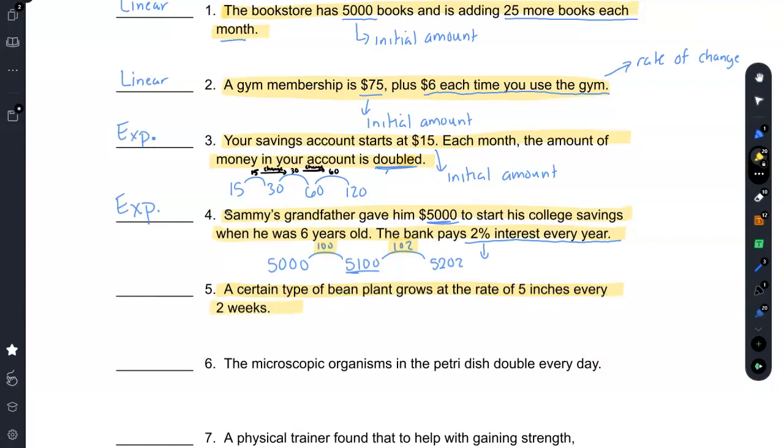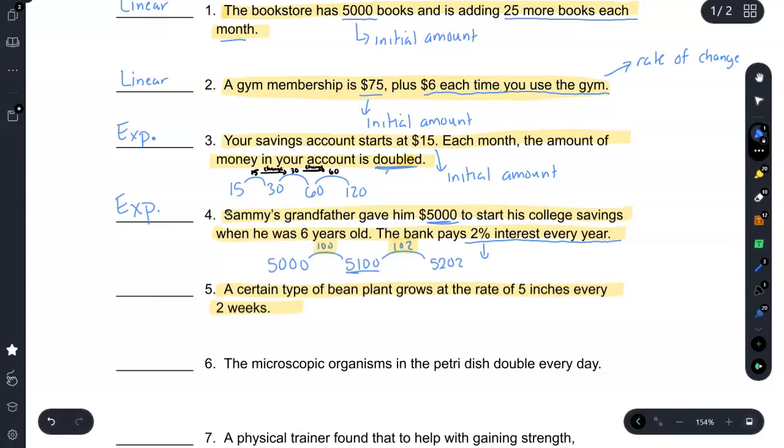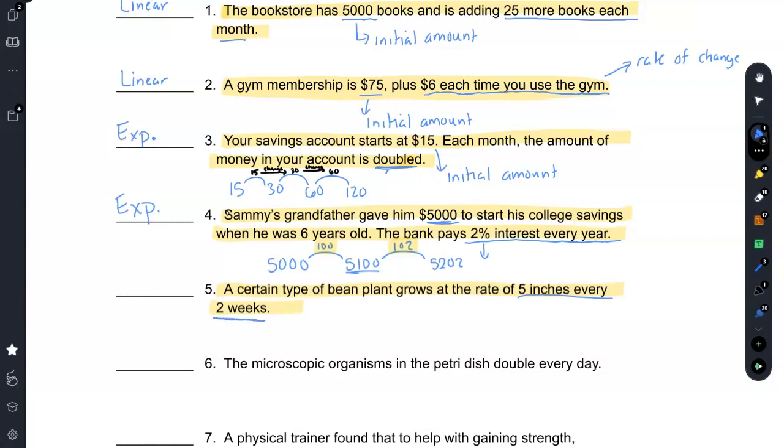So a certain type of bean plant grows at a rate of 5 inches every 2 weeks. So my rate, and you'll notice this one does not have an initial value. So the rate it's changing is 5 inches every 2 weeks, which would be 2.5 inches per 1 week, right?